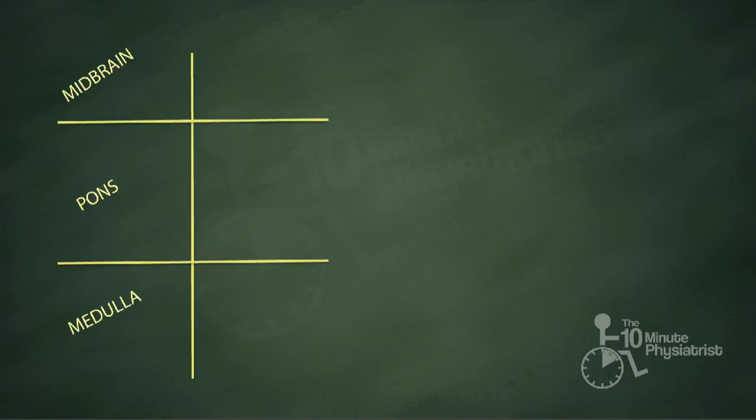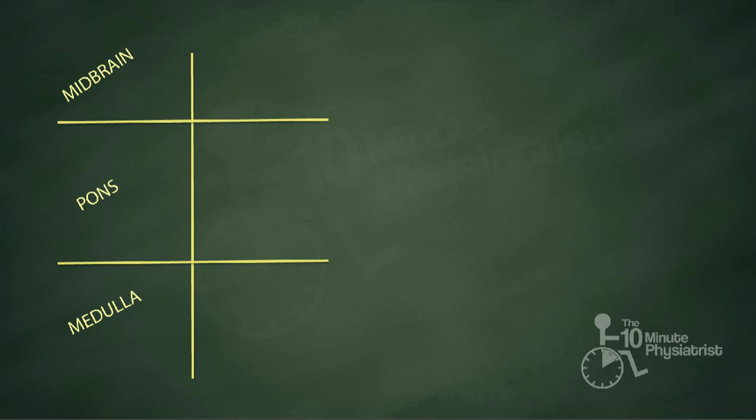Moving on to our trick to learn the location of the nuclei in the brainstem, we start with a little bit of a brainstem cartoon. So if you were to draw a grid like this one, dividing the brainstem into 3 portions, midbrain, pons, and medulla, the center line here in the middle represents the midline.